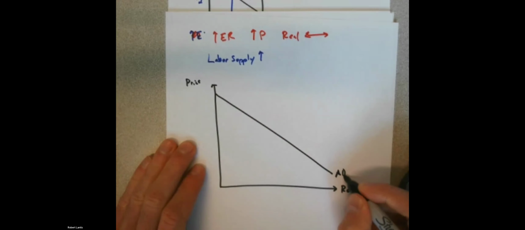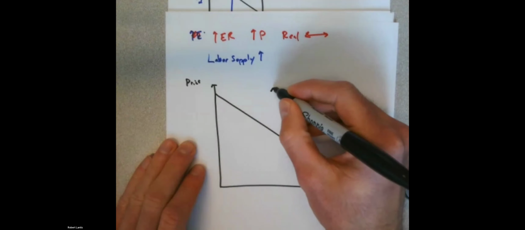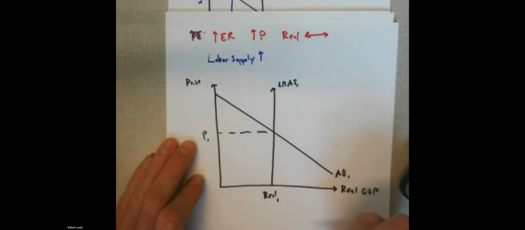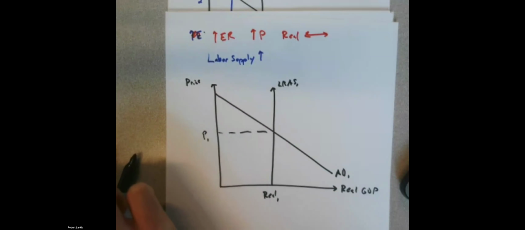So here is my aggregate demand. Here is my long run aggregate supply. Initially, our equilibrium price level is here, our real GDP was here. So we already know the effect that the aggregate demand shift will have.